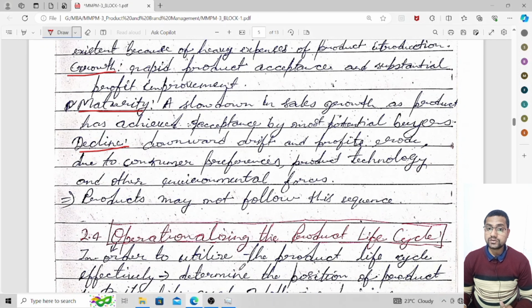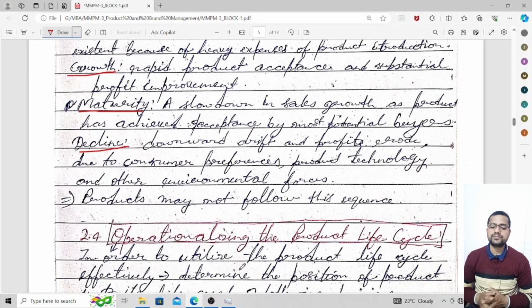The reasons for decline may be customer preferences, meaning customers started to like other kinds of products, not the products offered by the company. Or it may be because the technology of the product has changed, and other environmental forces, because the demand for any product depends on many factors like technology or other environmental forces.